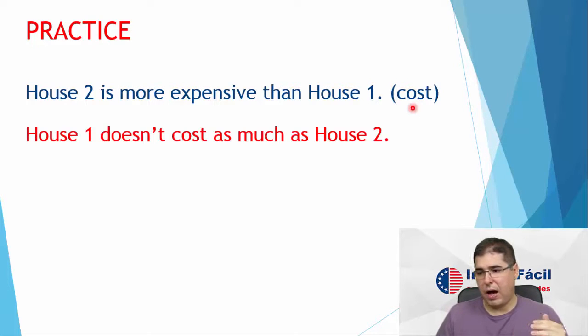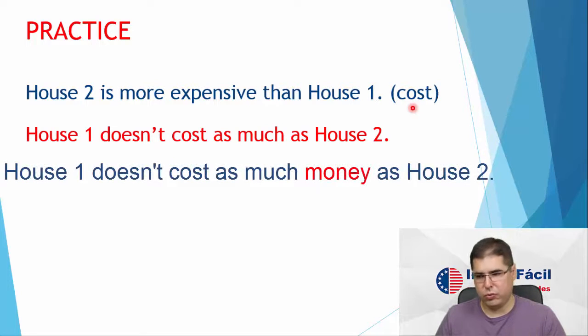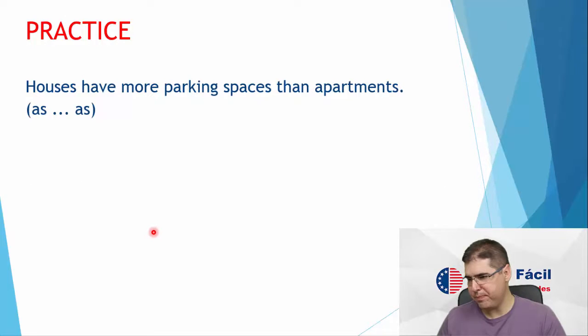So, house 1 doesn't cost as much as house 2, or house 1 doesn't cost as much money as house 2, okay? So money is non-count, right? It's not countable. So I use as much as, right? Money is not countable. They are different, so the sentence is in the negative, okay?